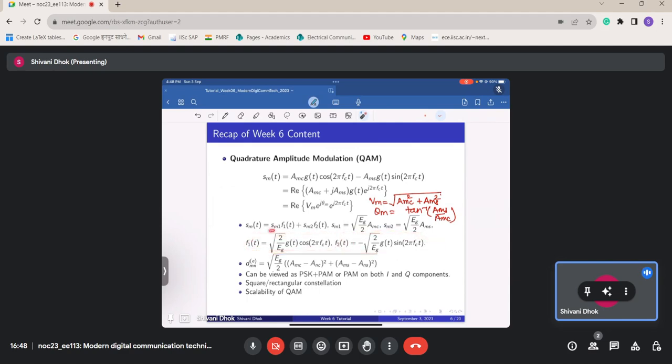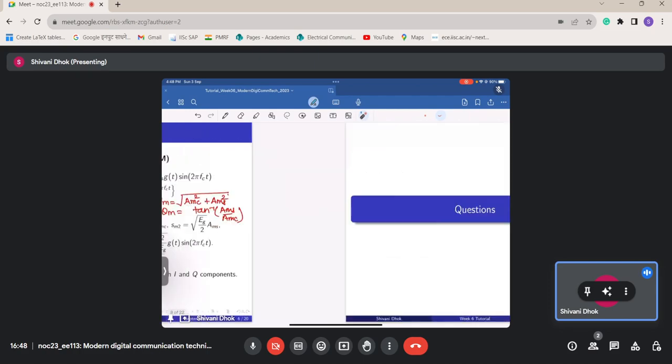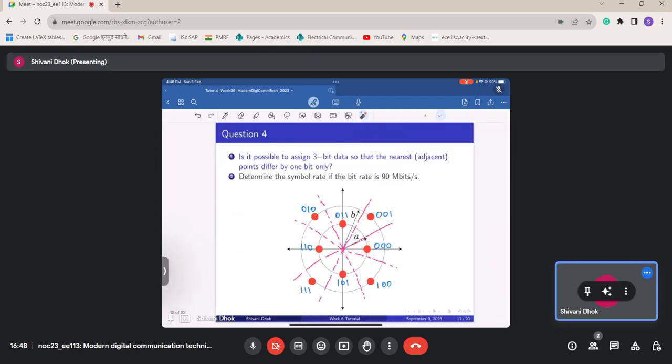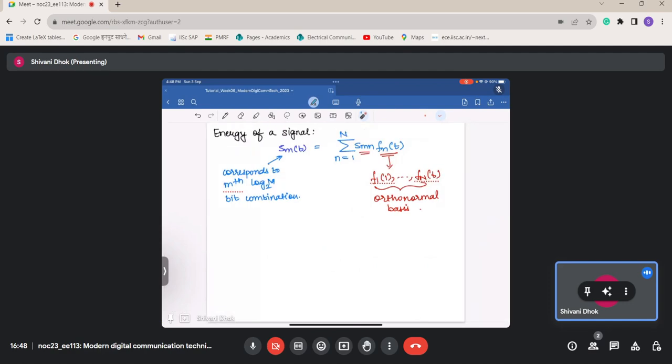And we have represented it as sm1 f1t plus sm2 f2t, which I can simply write as summation n equal to 1 to 2 smn fnt. And in general, if it is an n-dimensional constellation, then this 2 I can simply replace by n. That is the same thing that I am doing here.